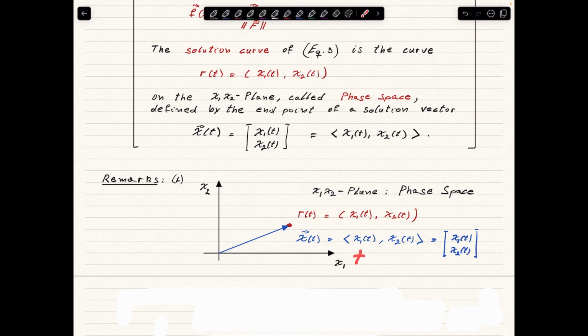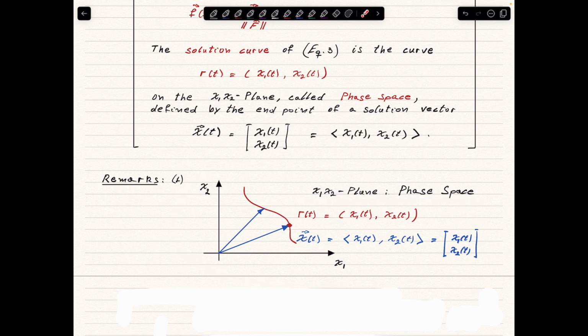Now, when you put the solution formulas here for the components, we are going to get different points for different values of the time variable. That is what we have called a solution curve. A solution curve is going to be the endpoints of solution vectors for different values of the time variable. So this is the solution curve. All this is represented in the phase space.